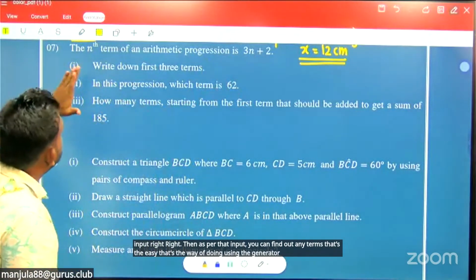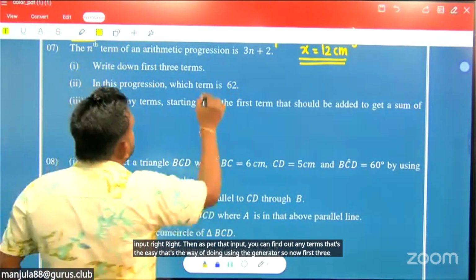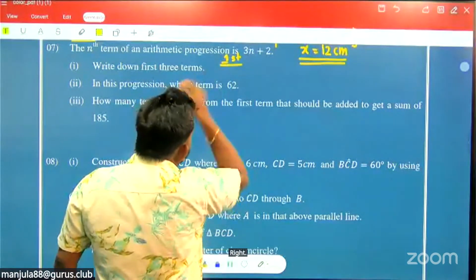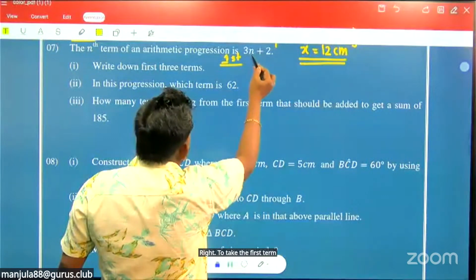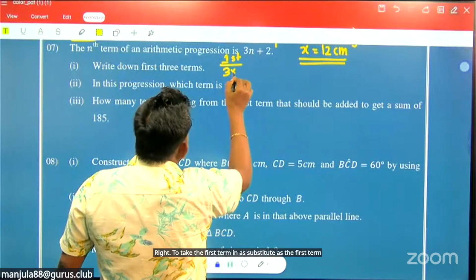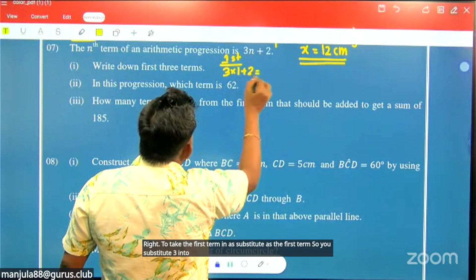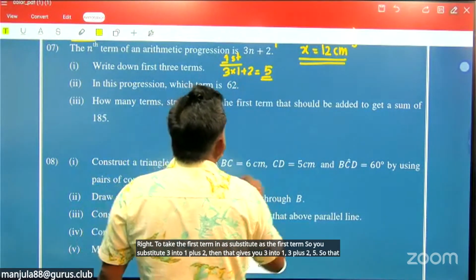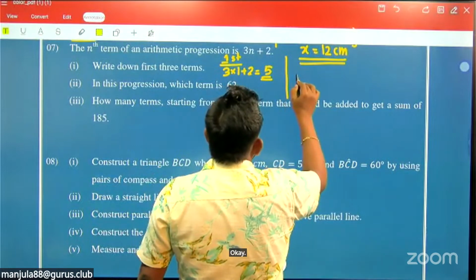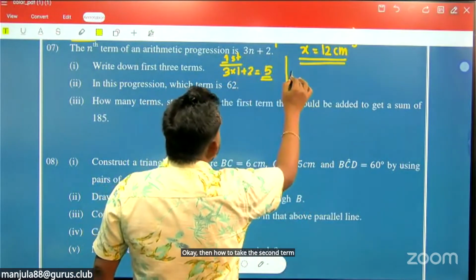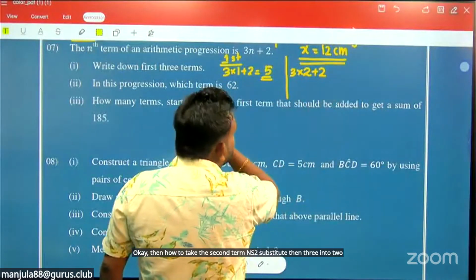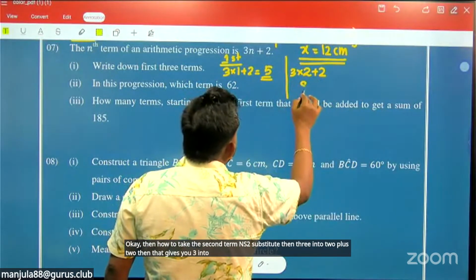So now, how do we take the first three terms? To take the first term, substitute n as 1. So you substitute 3 into 1 plus 2, that gives 3 into 1, 3 plus 2, 5. So that is the first term. Then for the second term, n as 2, substitute: 3 into 2 plus 2, that gives 3 into 2, 6 plus 2, 8.